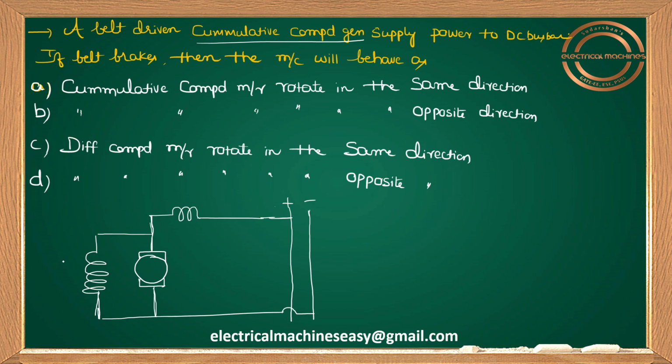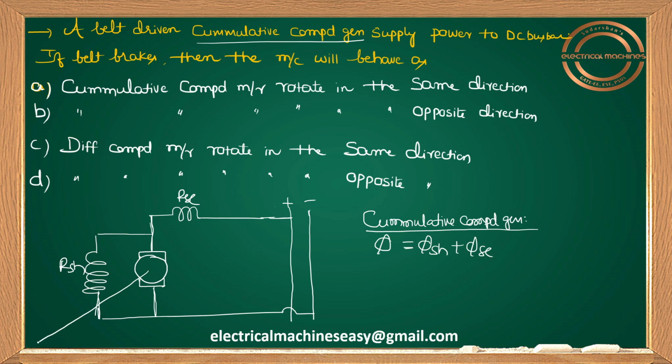As usual, I told you it's nothing but R_SH and R_SC values. If it is acting as a cumulative compound generator, in a cumulative compound generator your total flux equals phi_SH plus phi_SC. And one more thing, the armature winding is placed in the rotor. I'm assuming the direction of T_PM.